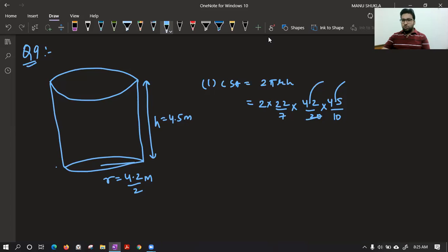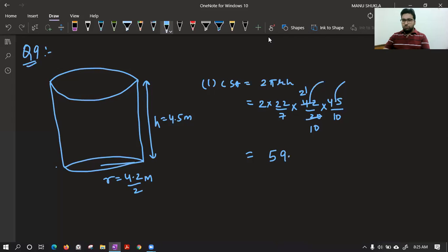We can solve this 2 tens, it becomes, okay, don't cut it. Okay, let us cut this only. 21. Now class, tell me what will be the answer of this calculation, or how will you calculate this? We can go for 2 into 21 again. 59.4 you are getting.